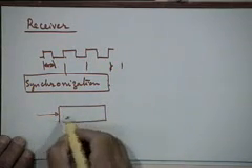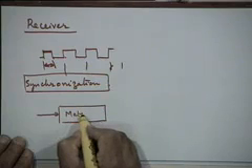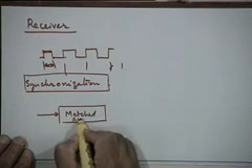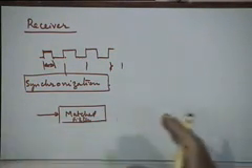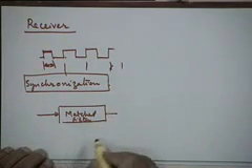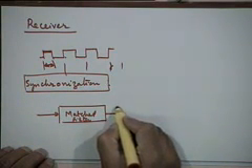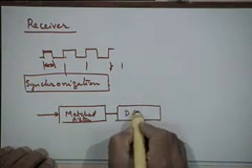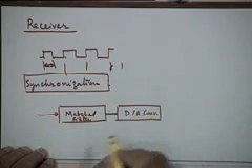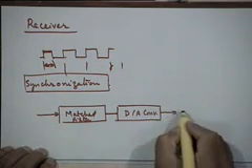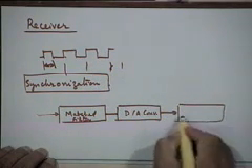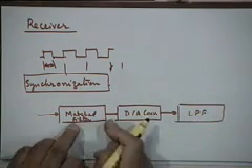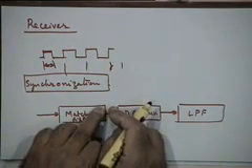One of the simplest results is you use a filter at the front end which is called a matched filter, which will remove the noise. Follow this matched filter output by a D2A converter, and follow this by a low pass filter, because now the matched filter output will give you these groups of bits.